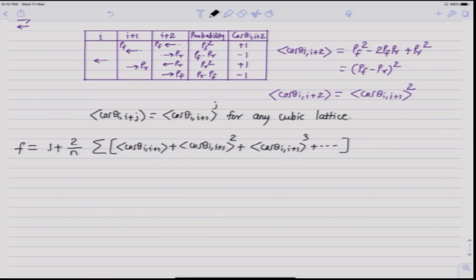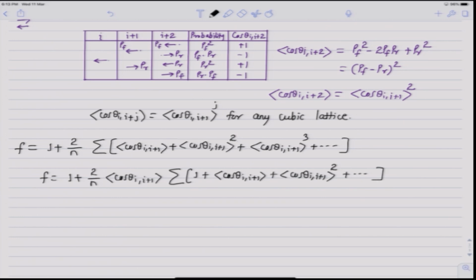If we take average of cos theta i+1 common, we get 1 plus 2 over n average cos theta i+1 summation of 1 plus average cos theta i+1 plus average of cos theta i+1 squared, and so on, where i varies from 1 to n minus 1.